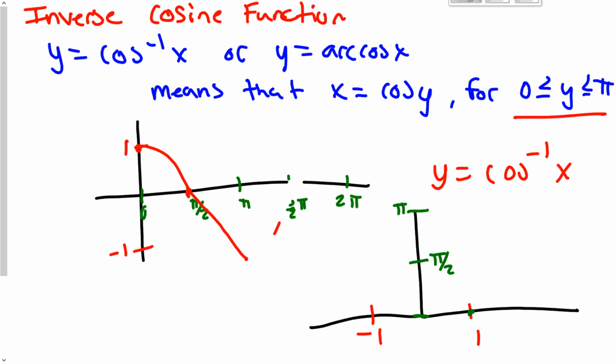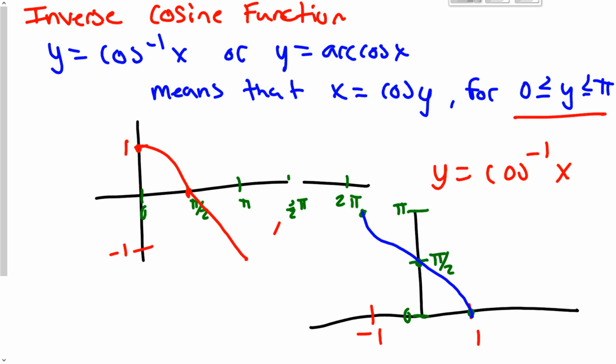Then I have pi, 0 for my x, and then -1, pi. So it kind of looks like this. Okay, so now that's one-to-one. This is 0 for my x here, or 0 for my y and 0 for my x there, but it looks like that.